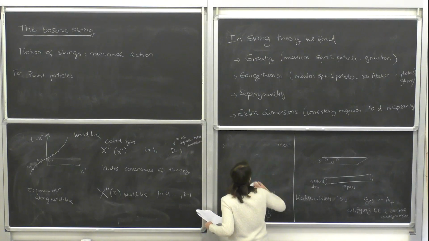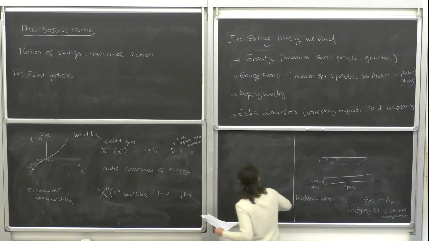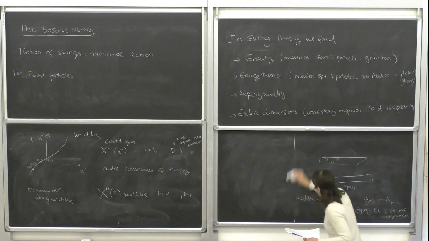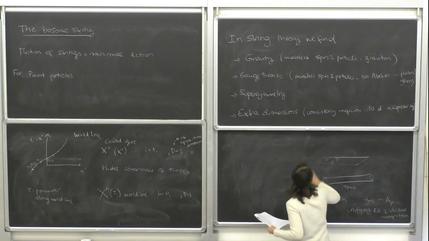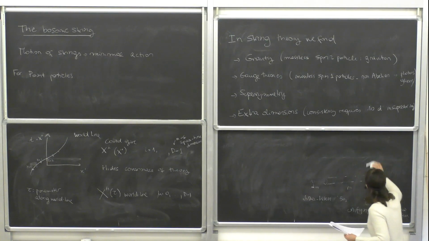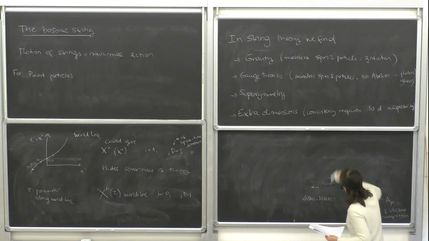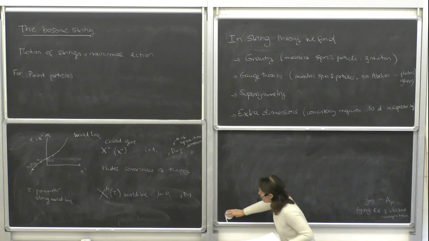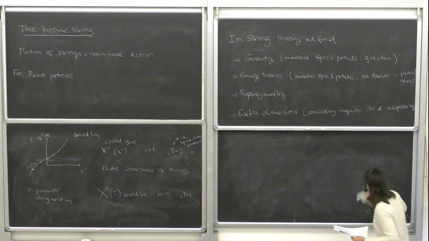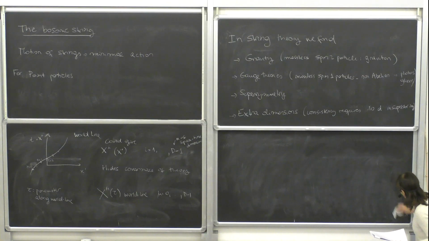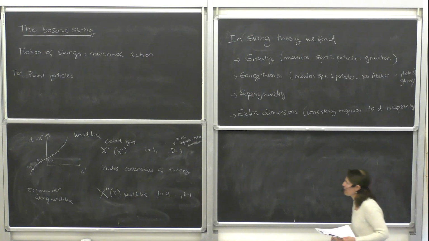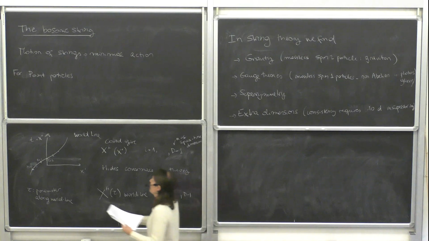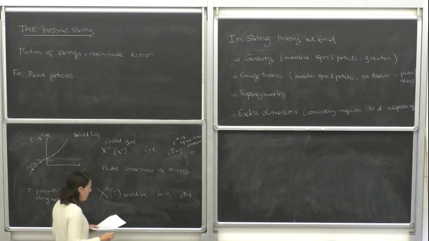And if I want to see how this particle moves in a curved space, usually you are given the geodesic equation, but that follows from the principle of minimal action. So this particle will try to minimize the action, make the length of the world line as small as possible.